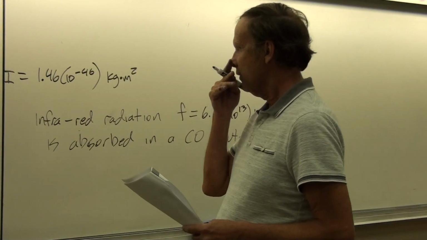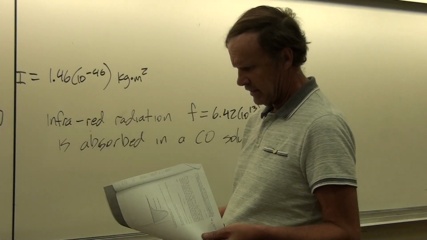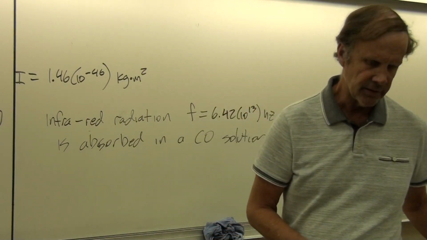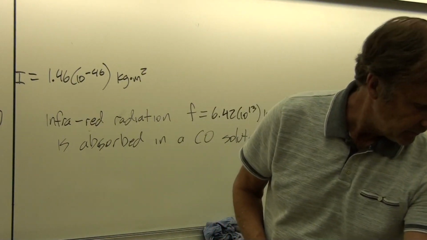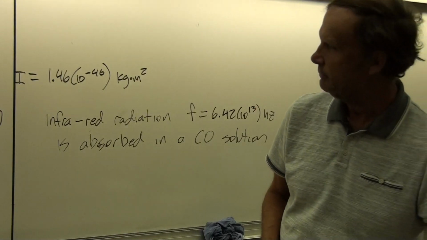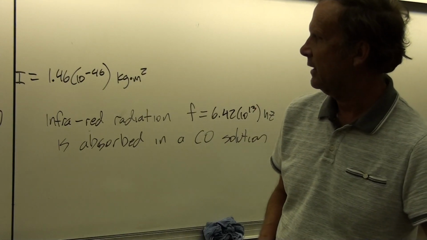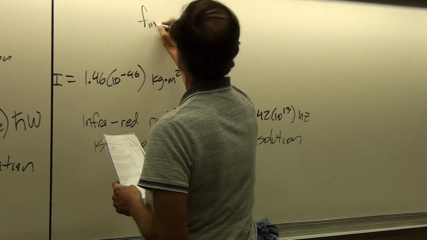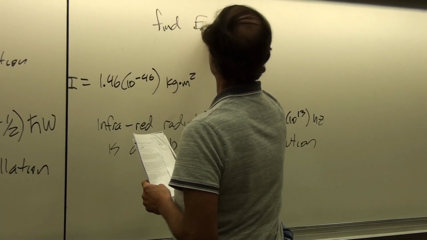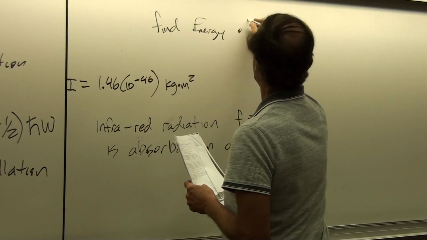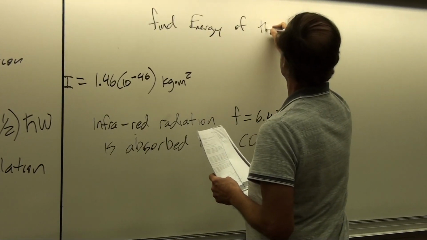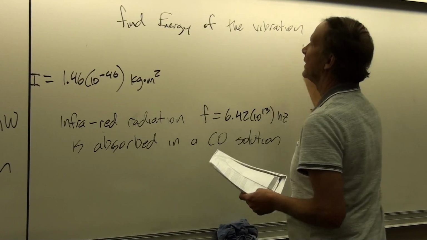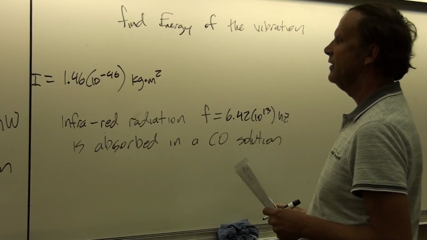Okay, and so from this information then, let's see if we can go ahead and figure out what the energy is for the absorbed photon. So we'll find the energy of the vibration first.